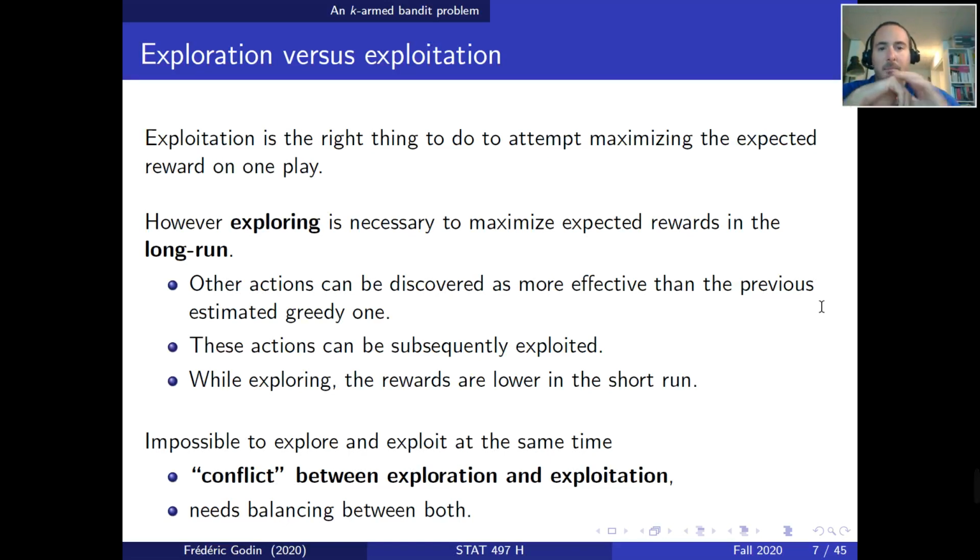Because, as we said, the objective here is not to maximize your reward over the next single play. It's to maximize your average rewards over all the plays that you'll do. So the long run counts a lot. You're not expected to do well only on the next step, but throughout the overall experiment.